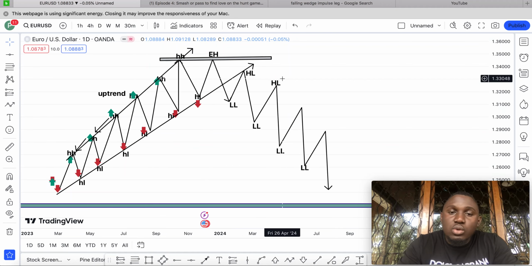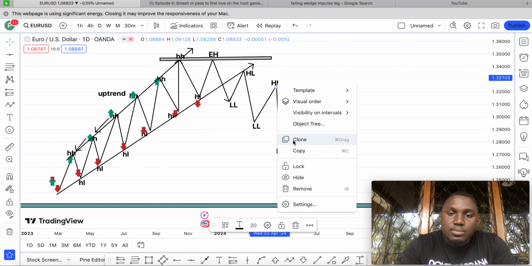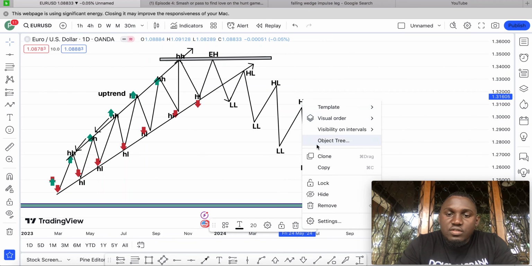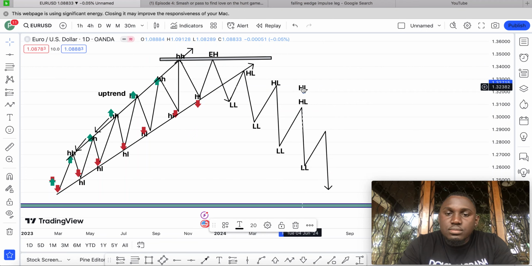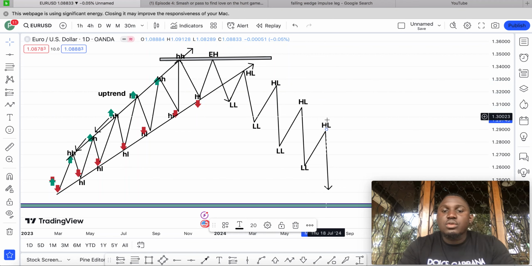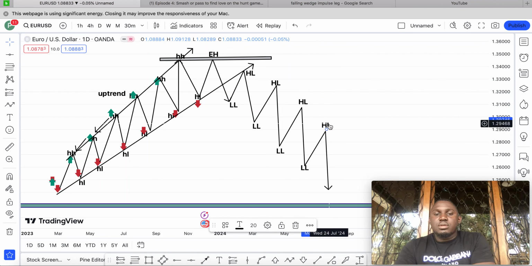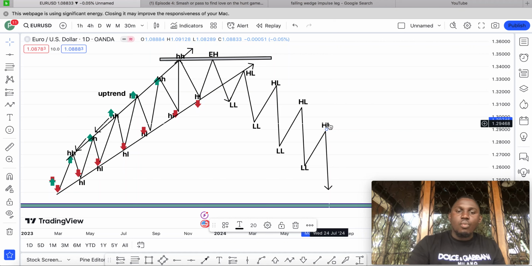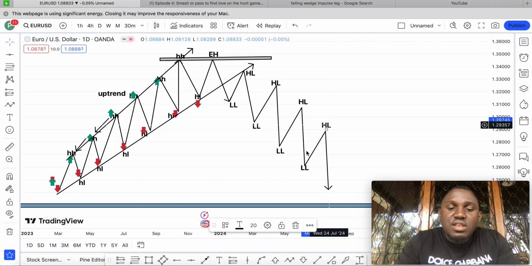And we can clone this one. Same. Another higher low. Makes sense, right? Makes a whole lot of sense, right? So this is indicated as a what?